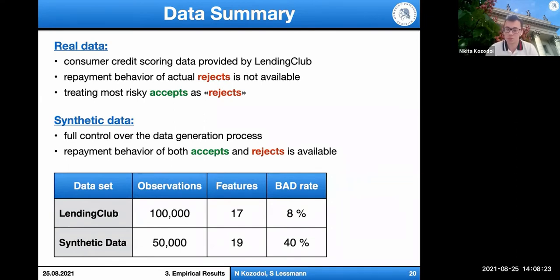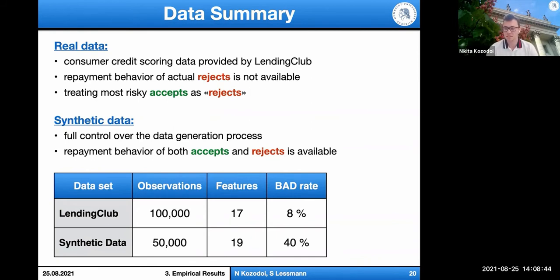So in order to be able to perform the analysis on this data, we are using a scoring model to score the applications in the data set and then treat the most risky accepts as rejects. This is not ideal, but this allows us to perform the analysis.